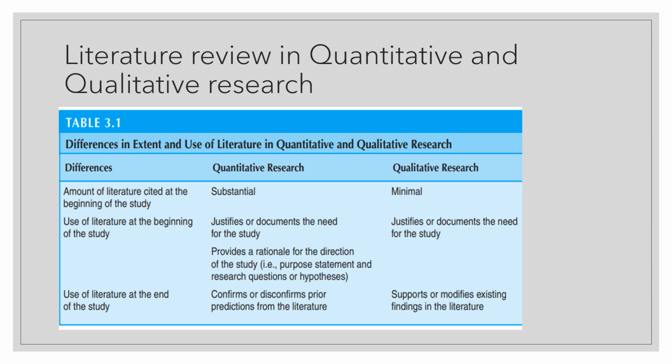While for the qualitative research, the literature at the end of the study is used to support or modify existing findings in the literature. For example, when someone perceives one condition as useful, then your study will modify the existing or the previous result.